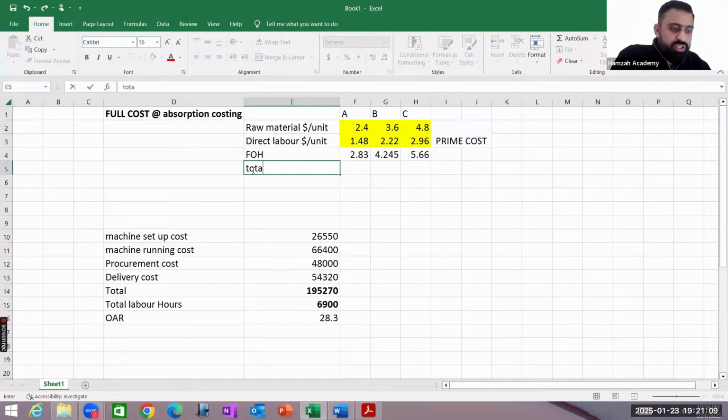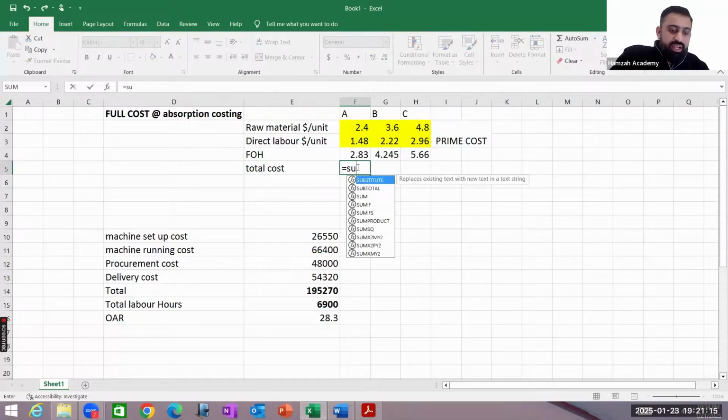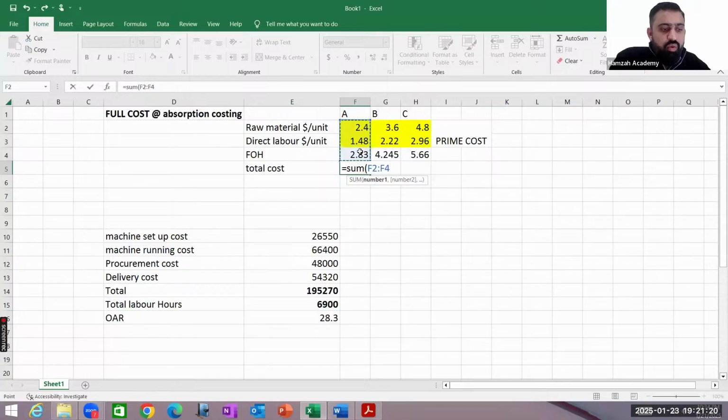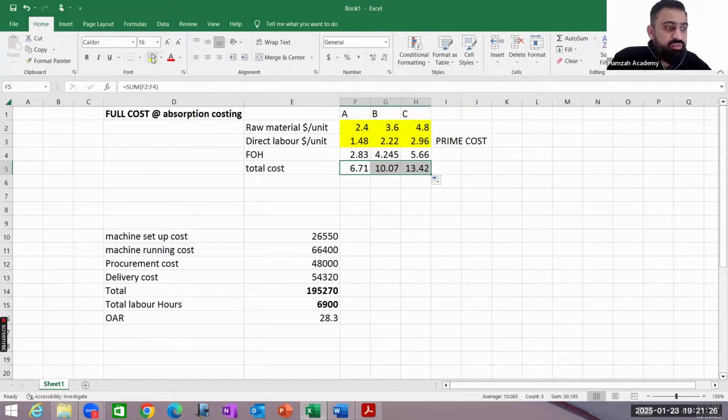Now the total production cost under the absorption costing will be as follows. For product A, it will be 6.71, and for product B and C will be 10.07 and 13.4.